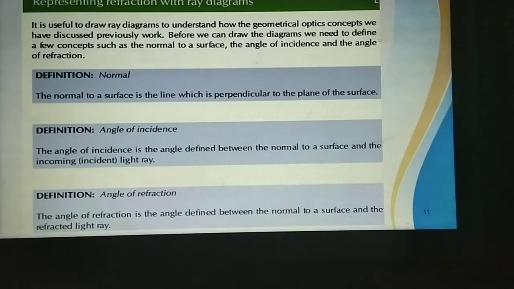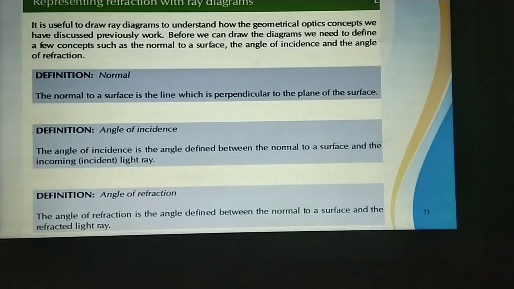So normal, we say the normal to the surface is the line which is perpendicular to the plane of the surface. Angle of incidence is the angle defined between the normal to the surface and the incoming or incident light ray. Now the part which you need to cover is angle of refraction.